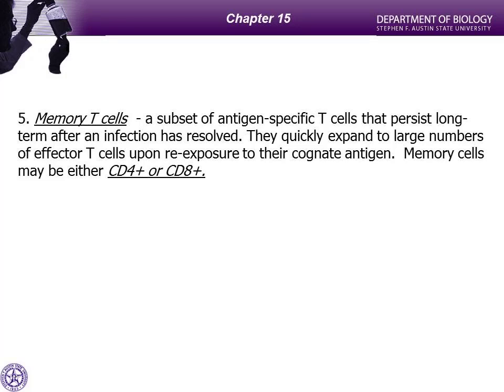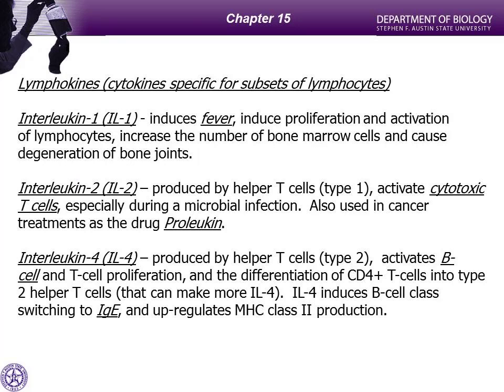So in our illustration a few slides back, we saw our helper T cells secreting IL-2, interleukin-2, which is one of our cytokines. And we have several cytokines. I think we're going to list maybe about 6. And what I want you to do, especially what you see underlined or in bold, is what I really want you to remember with these cytokines.